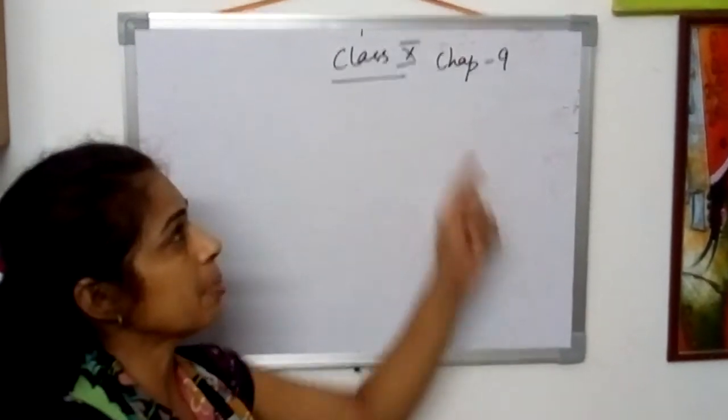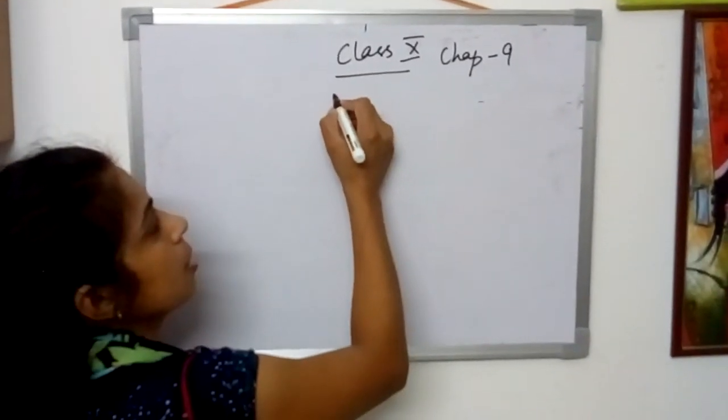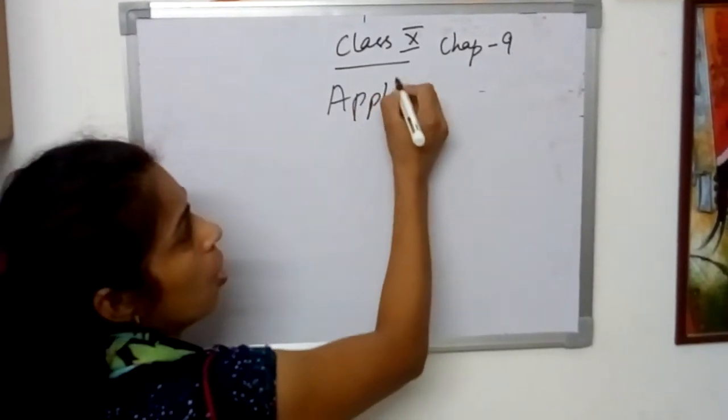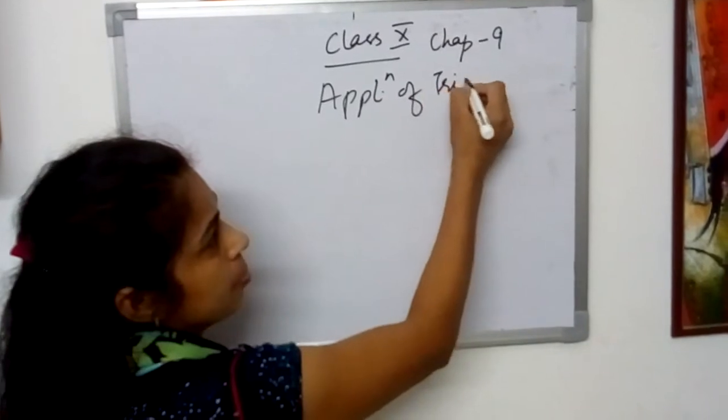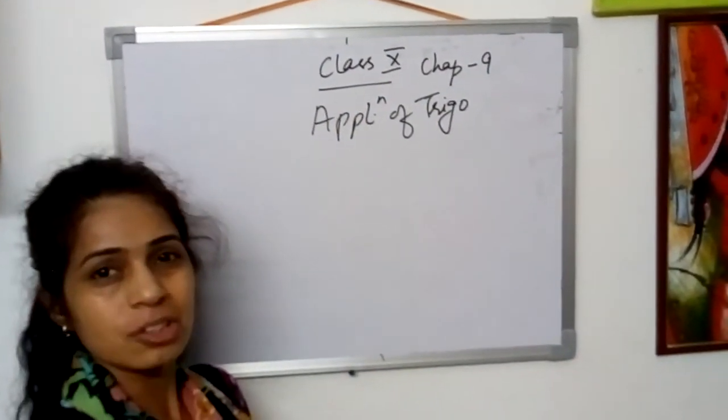Today the topic will be chapter 9 of NCERT, that is application of trigonometry. We have been doing trigonometry in chapter 8.